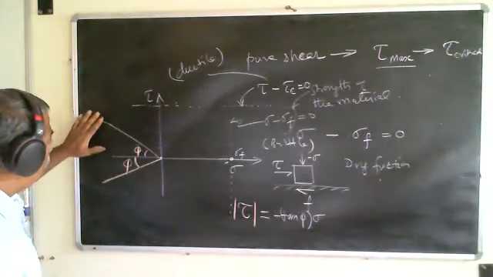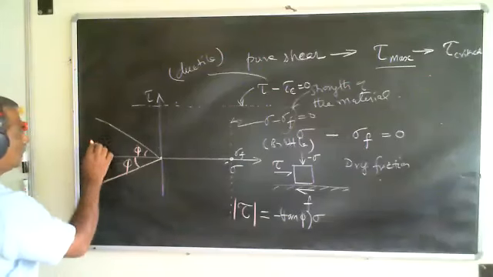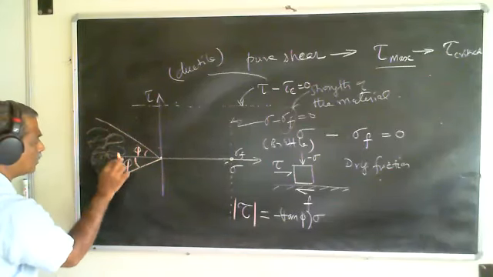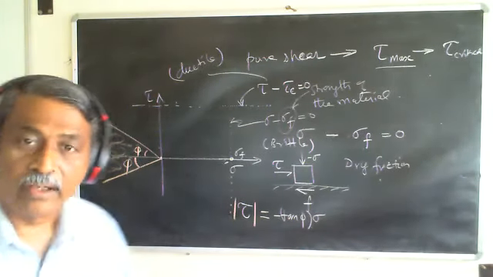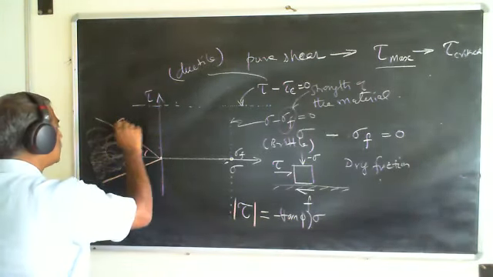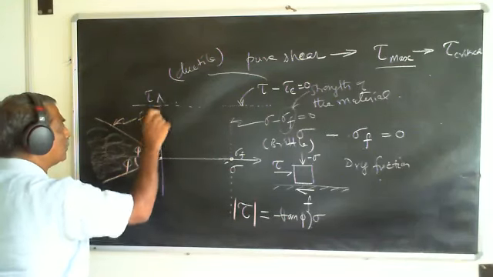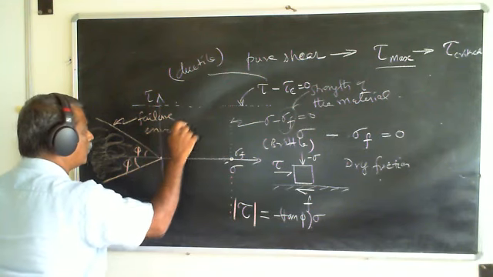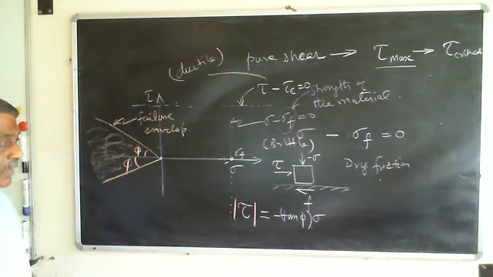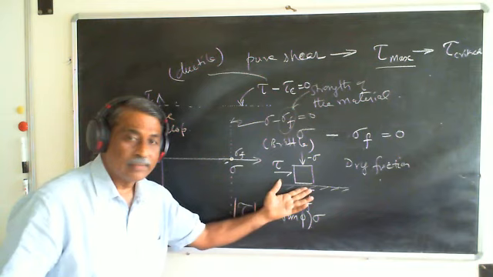Now, if the stress state falls within the zone, then there is no failure. In other words, this is the failure envelope that I can define for a material that behaves like this.